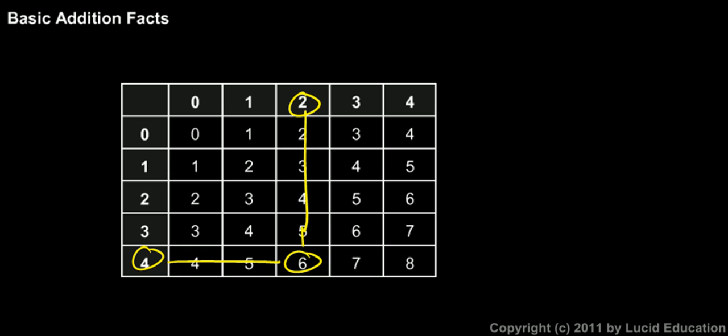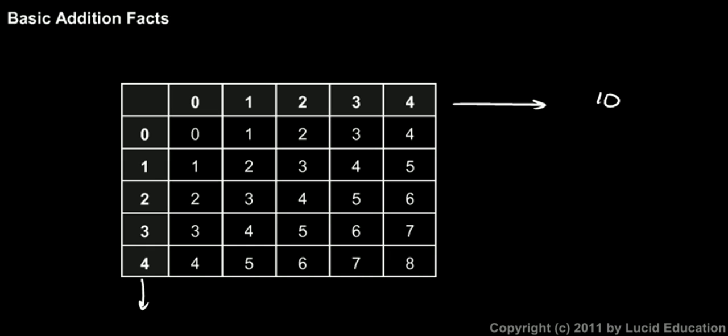Now, you hopefully have done this, like I said, a long time ago. The point I want to make now is that you should know all of these numbers. You should have it memorized from your table going all the way out to 10 columns and all the way down to 10 rows. So any number from 0 to 10, you should be able to add to any other number from 0 to 10, and you should be able to just produce an answer from your brain just like that.